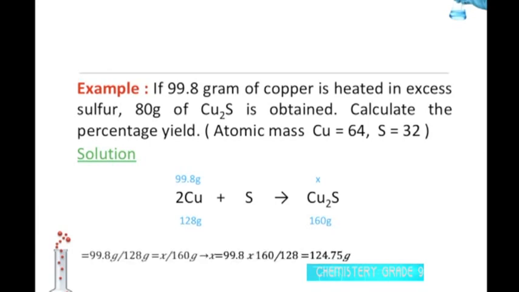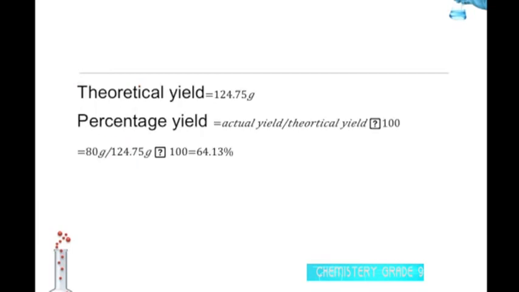We solve for x to get 124.75 grams of copper sulfide. So the theoretical yield is 124.75 grams, but the actual yield was 80 grams. So 80 grams divided by 124.75 grams times 100 equals 64.13%.